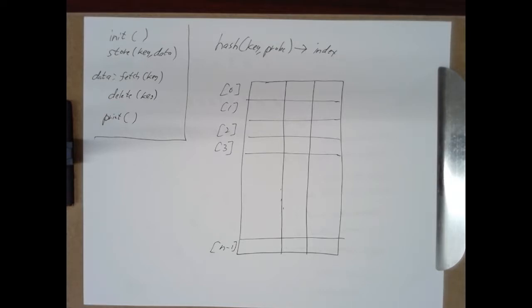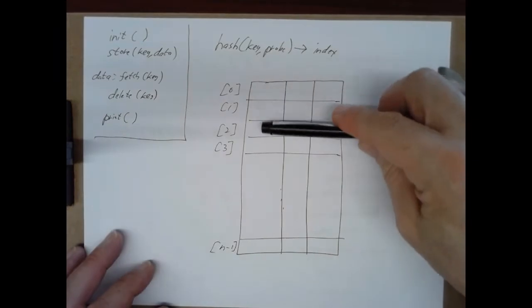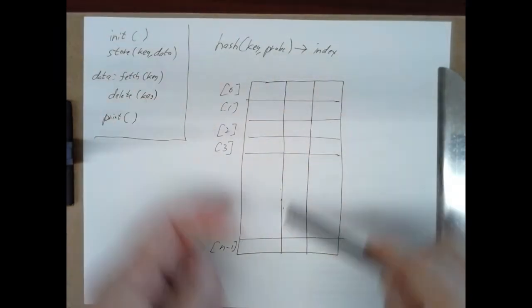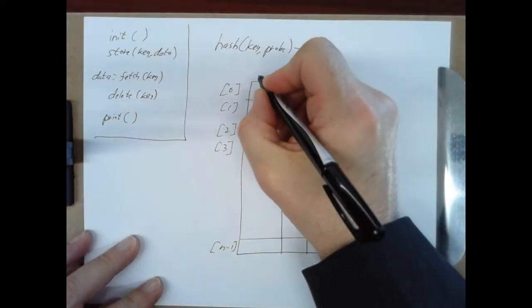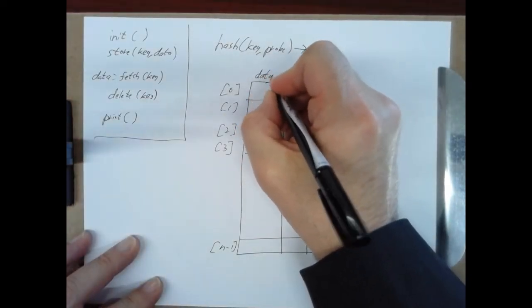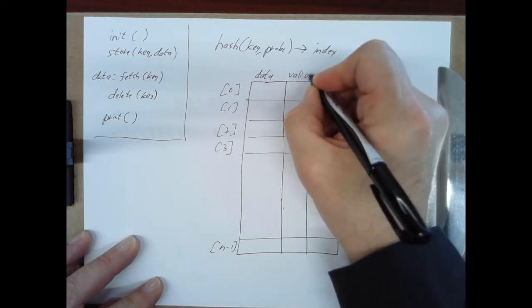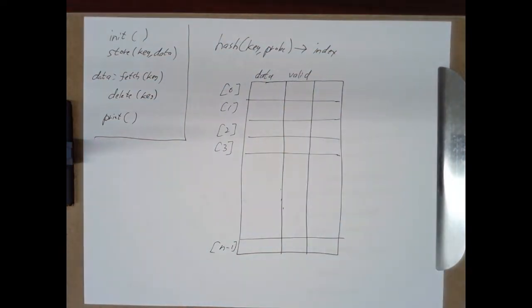With a hash, the size doesn't work, because we're not storing things in this hash successively. They're going to be bounced all around by this hash function. So in addition to storing our data, we also need to know whether that data is valid or in use.